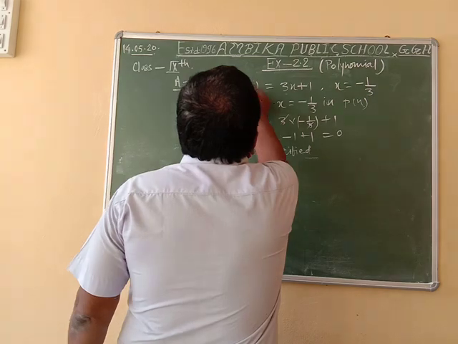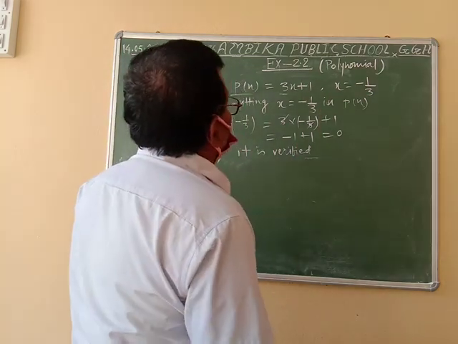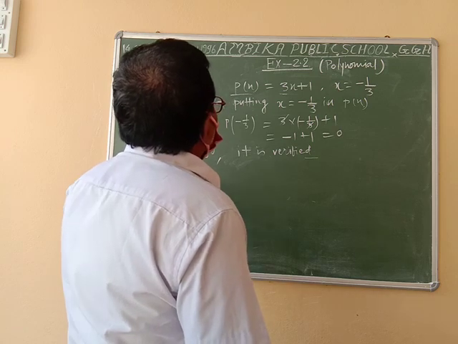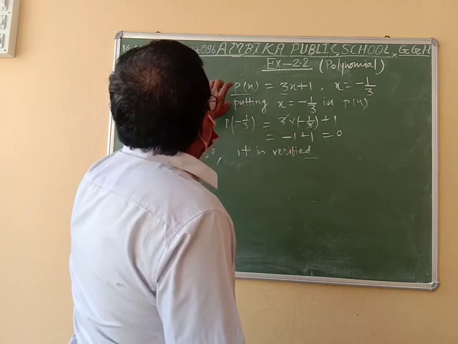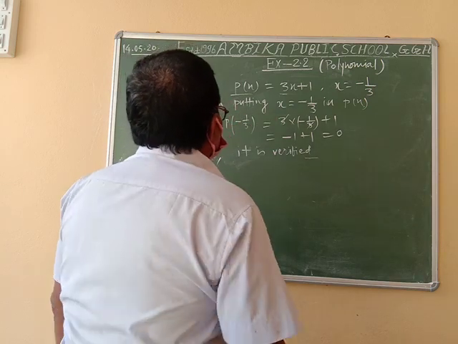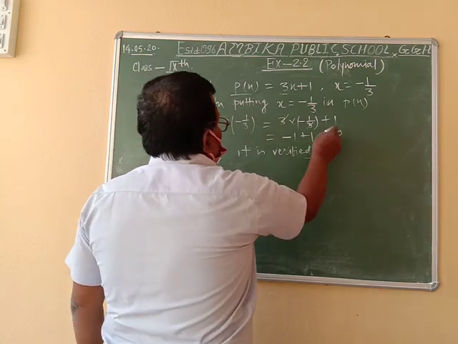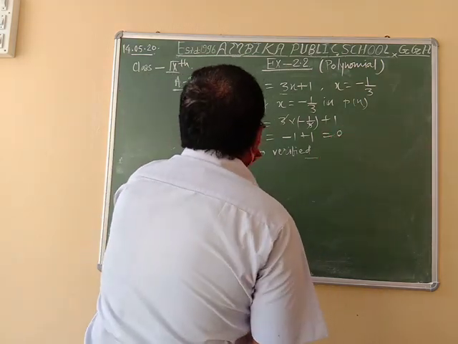To verify p(x) is equal to 3x plus 1, if x is equal to minus 1 by 3, we put the value of x in given polynomial p(x). On putting x is equal to minus 1 by 3, we find that p(minus 1 by 3) is equal to 0. Hence it is verified.